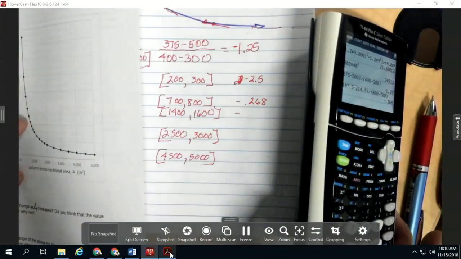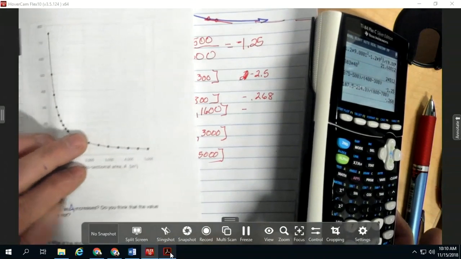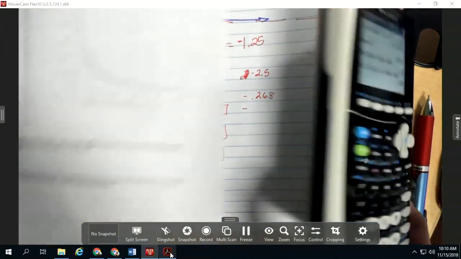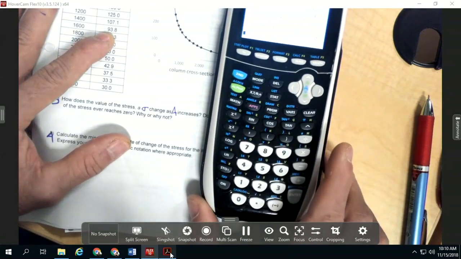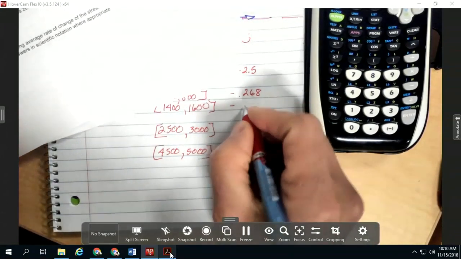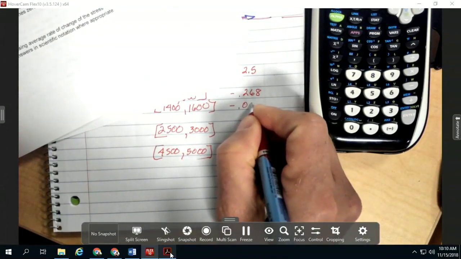Oh, did I do the wrong one? I should have been doing 1400 to 1600. Sorry about that. Yeah, I get what I did wrong. I mixed up the bottom. So what did you guys get, Lauren? Well, I got negative 0.665.